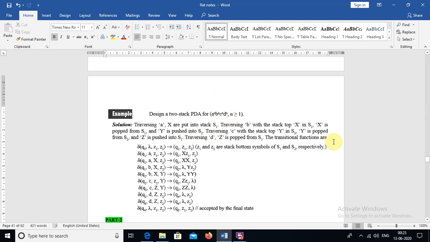Okay, so transition functions. So we are at the Q naught state. Lambda is nothing but epsilon, the null string. So Z1, Z2. Okay, we have two stacks, right? Z1 is the initial stack symbol of S1. Z2 is the initial stack symbol of S2. Already they are in the stacks.